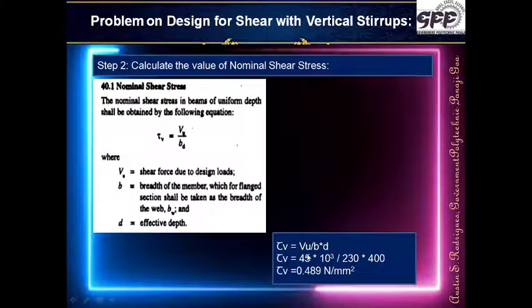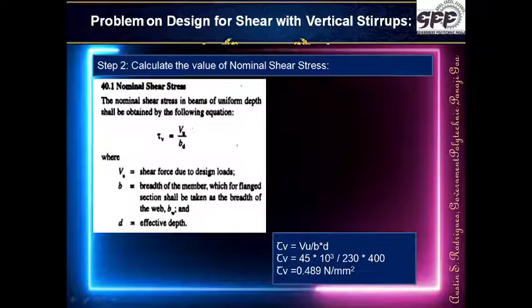So tau V is equal to VU upon BD. VU has been found out as 45 kilonewton, converted into newtons as 45 into 10 raised to 3. B is 230, and D effective depth is 400. So from here we get the value of tau V as 0.489 Newton per mm square.